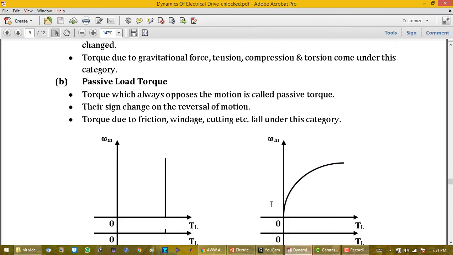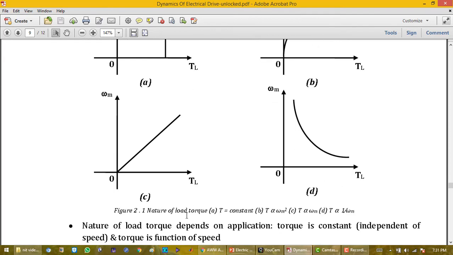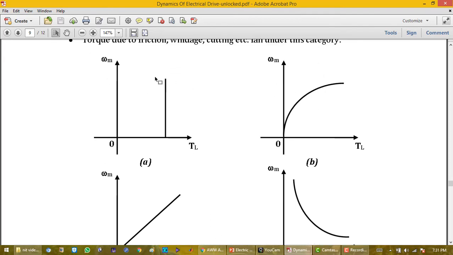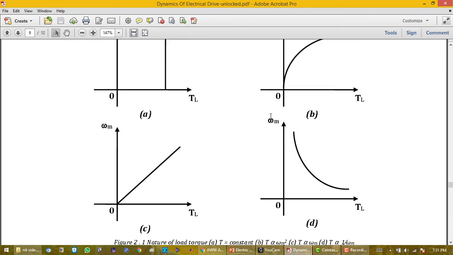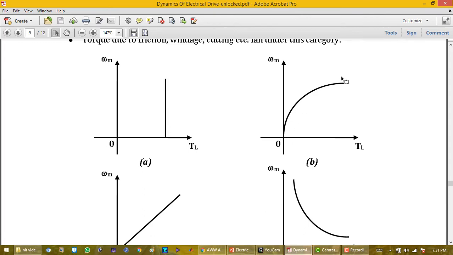Now this is a typical torque versus speed characteristic of different loads. Okay, so this first one is T constant, that is Coulomb friction. So this is the nature of the torque versus speed, and this is again T versus omega m square, which is basically seen in the case of windage friction.